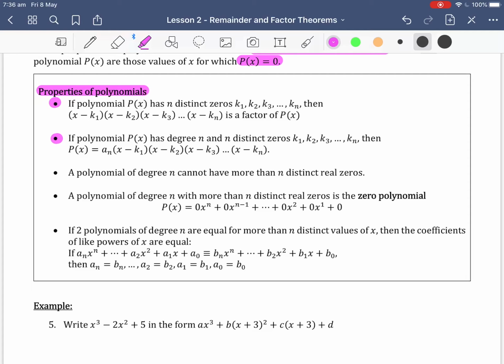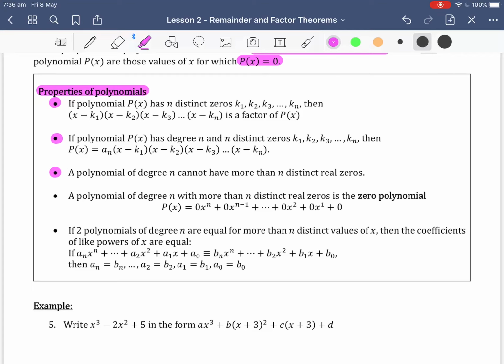If a polynomial p(x) has degree n and n distinct zeros, k1, k2, k3, all the way to kn, then the polynomial p(x) equals an times (x minus k1)(x minus k2)(x minus k3) all the way to (x minus kn).